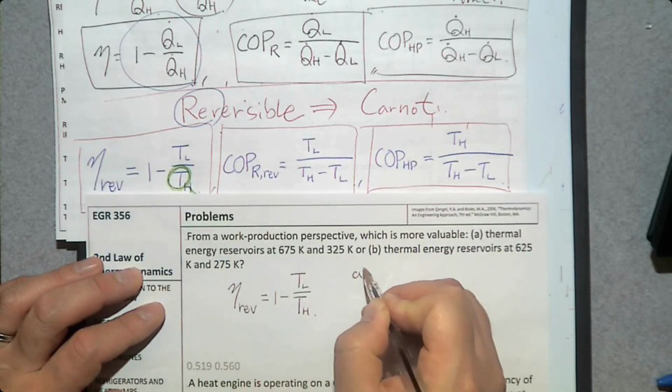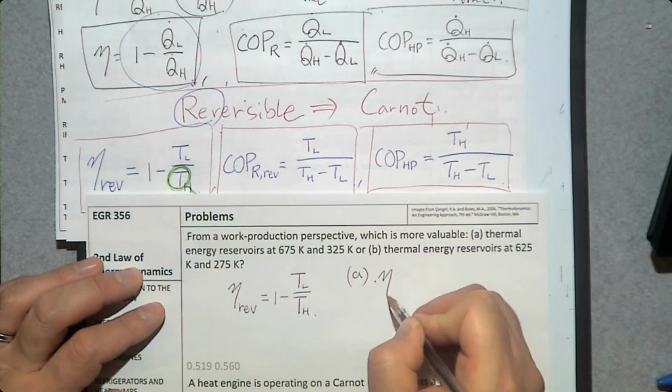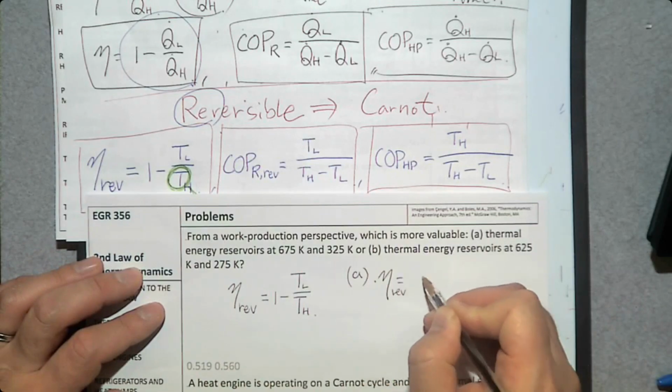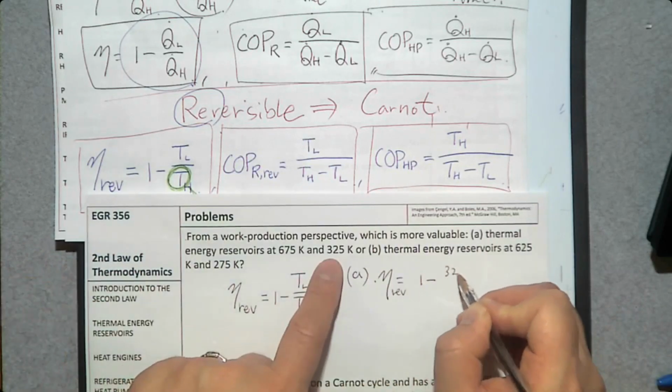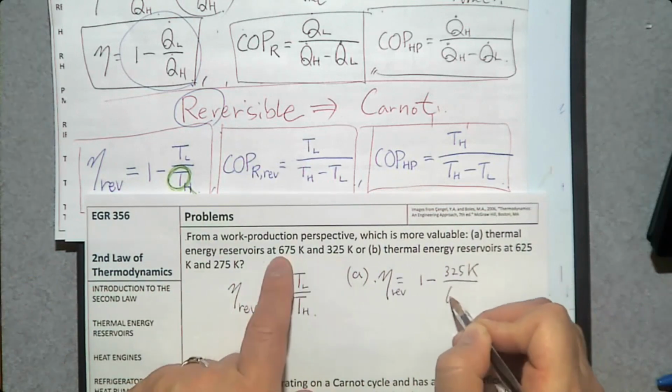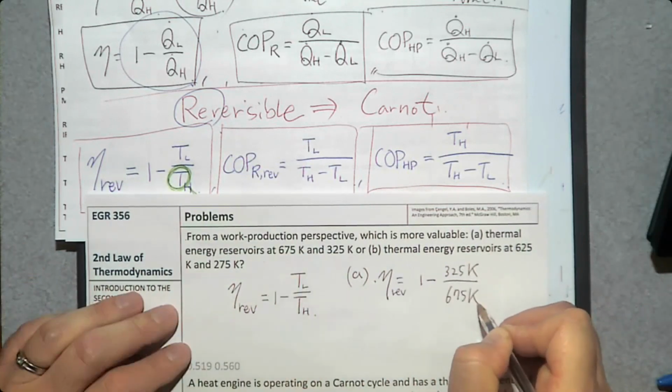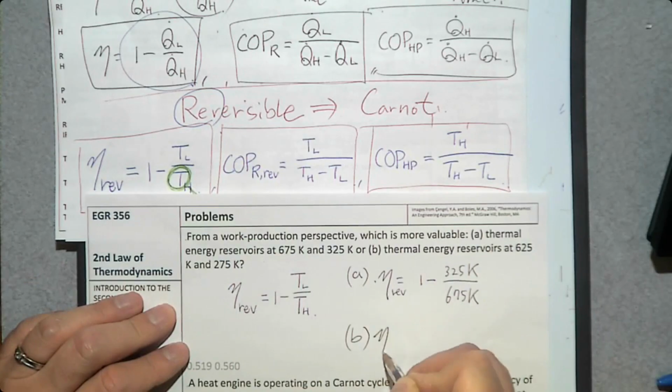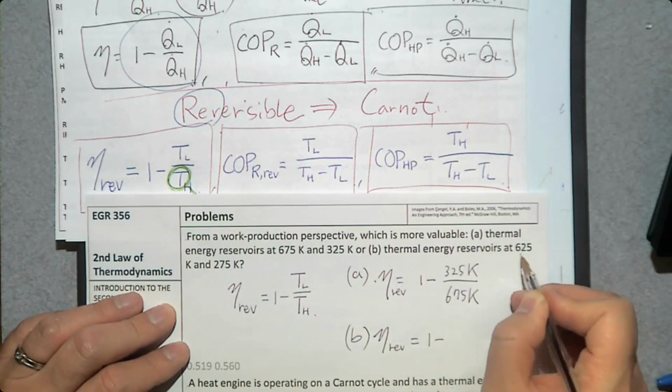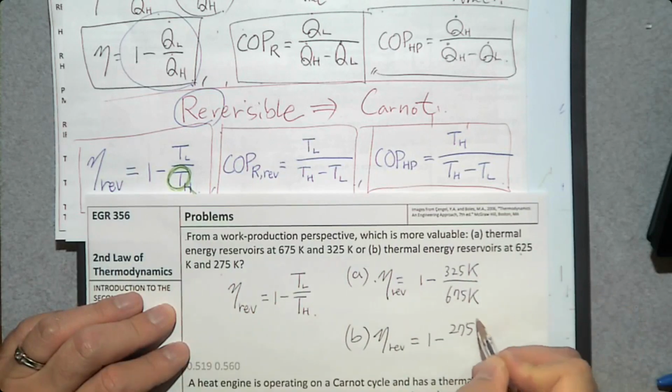So the first location, A, the efficiency can be determined by 1 minus 325 Kelvin divided by 675 Kelvin. And the second location, the reversible efficiency can be determined by 1 minus 275 Kelvin divided by 625 Kelvin.